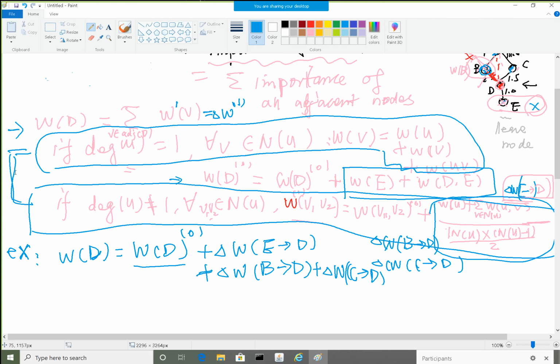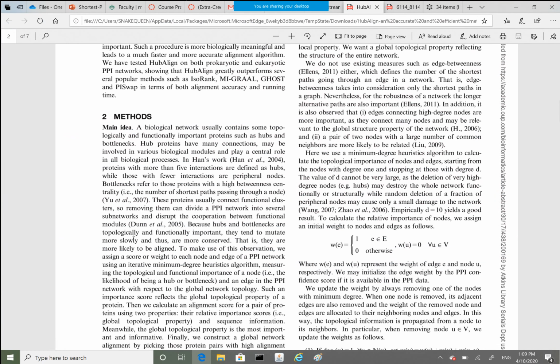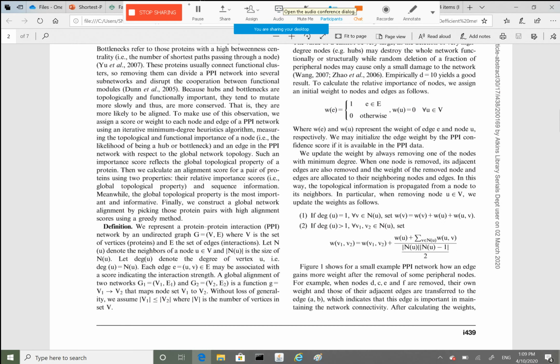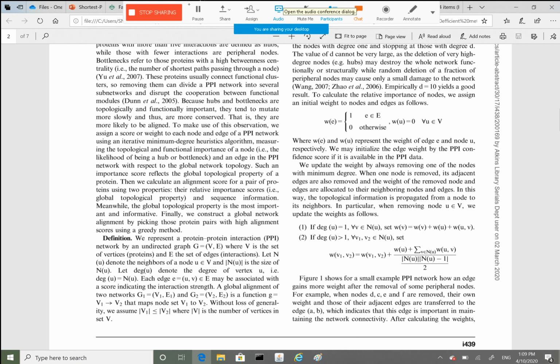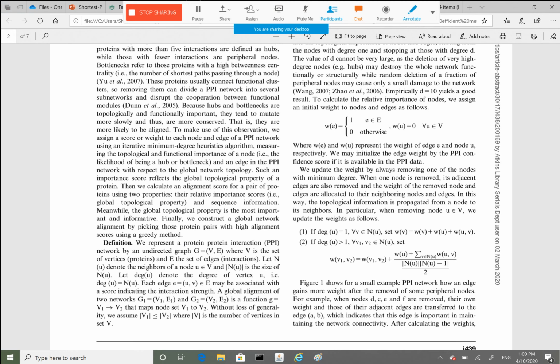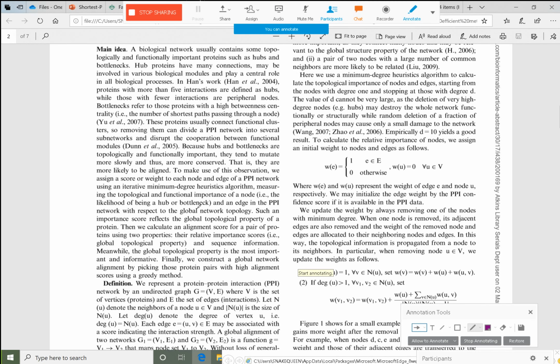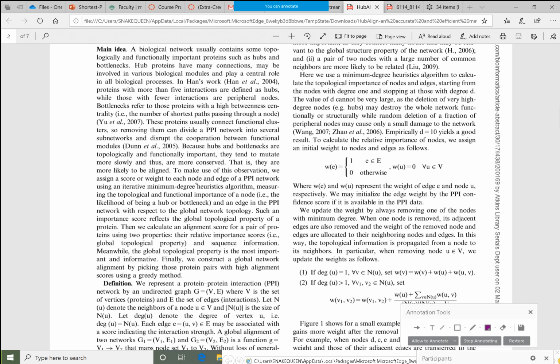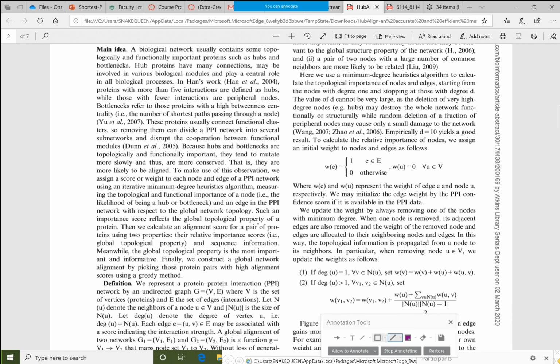Okay, so I want to double check with you. You can go to the paper, and once you go to the paper, you see here, right? This is the calculation we talked about.